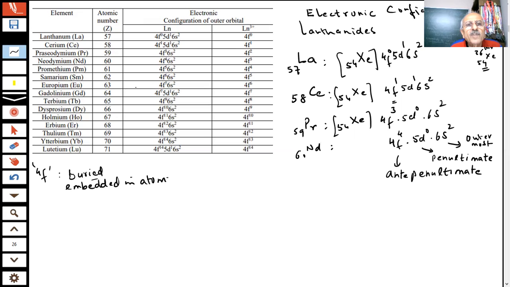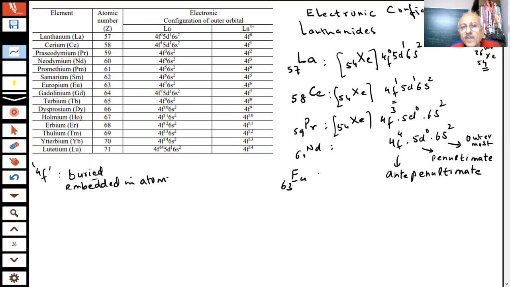And once you come to europium, student, you are seeing 4f7 6s2. Europium is an important element, so we have written it, because the plus 2 state will become important here. Europium is 63, Eu is 63.